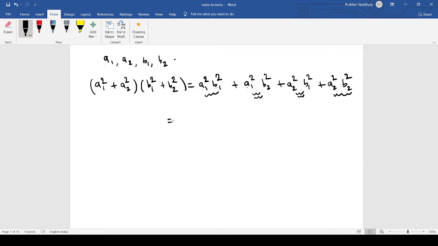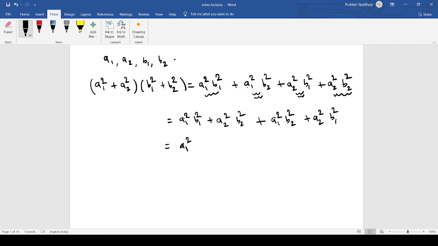So I will write it as a1² b1² plus a2² b2², and then I will have a1² b2² plus a2² b1². Now I will try to make it a complete square.